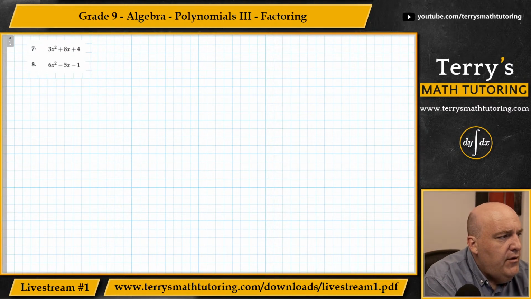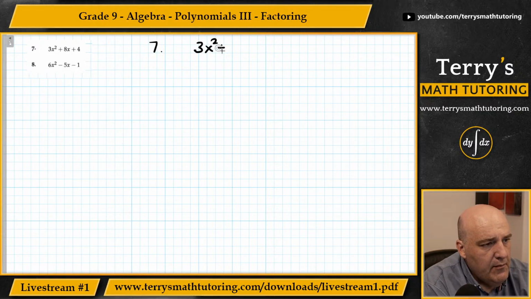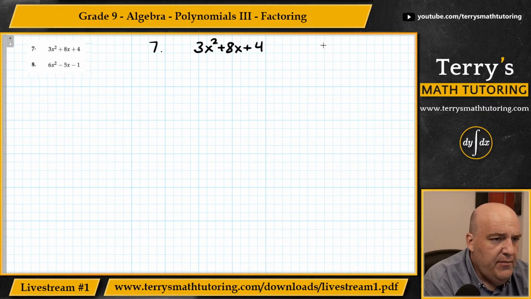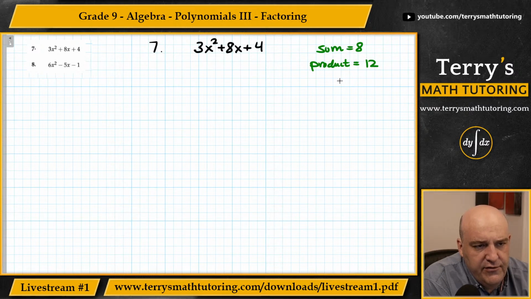So what we got here. Our sum is going to be the b value, which is 8. And our product number is going to be 3 times 4, which is 12. And I think that's 6 and 2, right? Or 2 and 6, whatever you feel like.